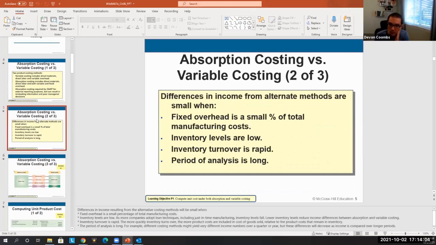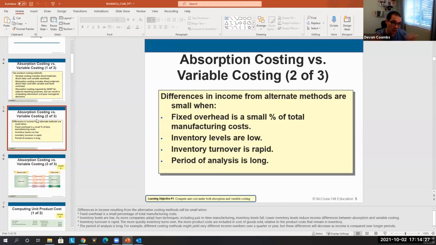So they can have differences in income. And these differences in income may be small if the fixed overhead is a small percentage, right? It may not be impactful if we don't have a lot of fixed overhead, or if we have low inventory or no inventory, or if inventory turnover is really rapid, or if we're looking over a long period of time.